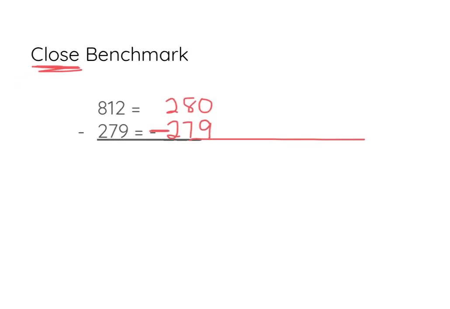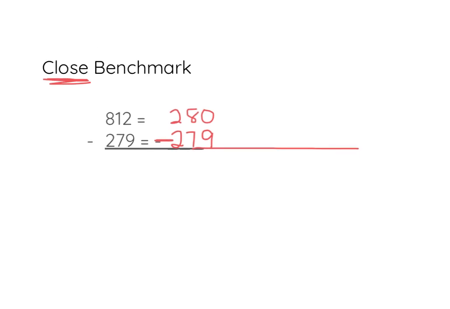So how does 280 get to 812? And you can think of that number line in your head. Well, first, it needs a 20 to get to 300. Now that I'm at 300, I need a 500 to get to 800, and then I need that 12.